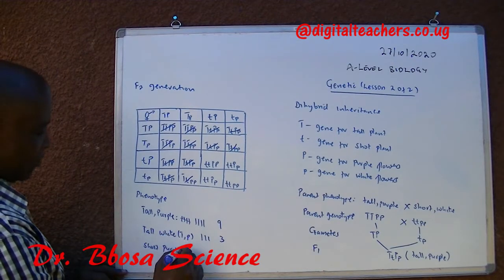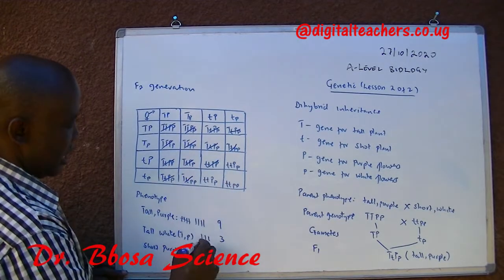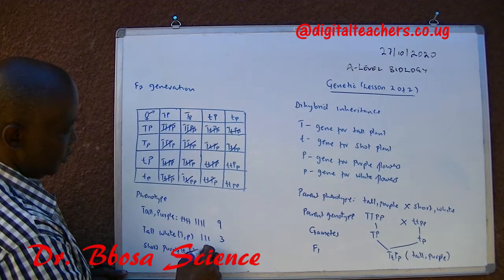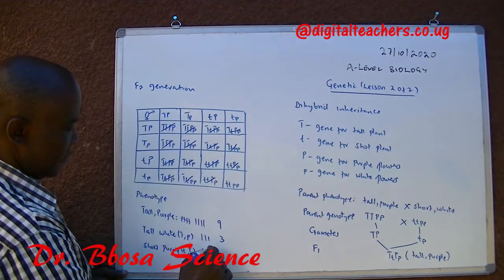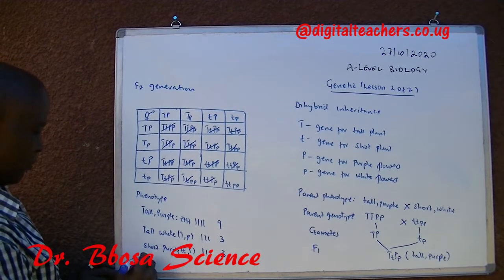Whenever there is small t and capital P, that is 1. This is 2. This one is 3. So we shall have 3 chances of short and purple.